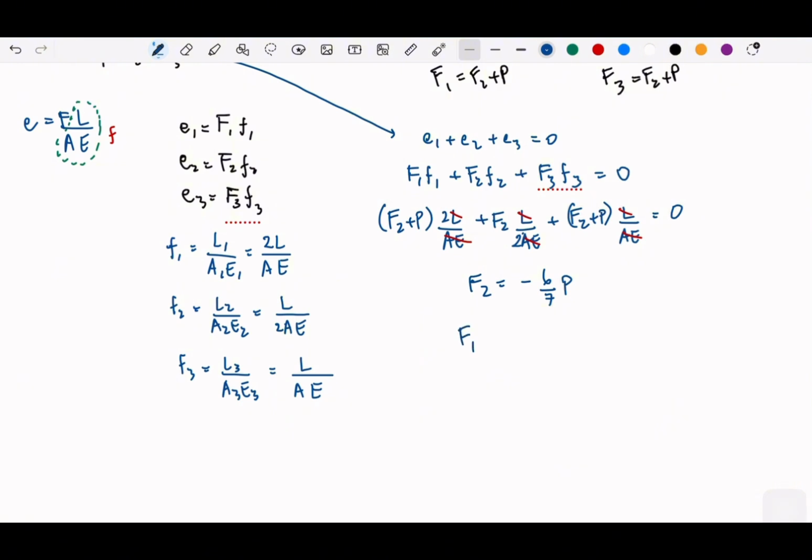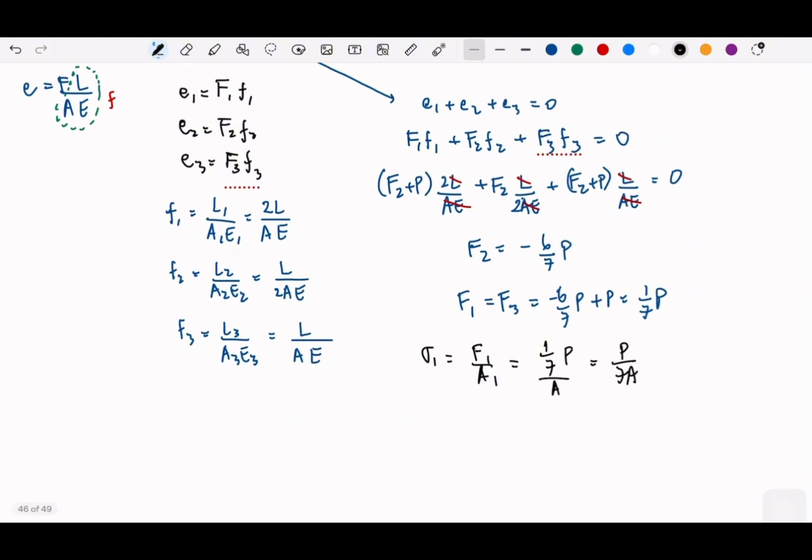The F1 is equal to F3, which is equal to negative 6/7 P plus P. So this will be 1/7 P. Okay, so we have F1, F2, F3 already. Then we can have the sigma. So sigma 1 is 1/7 P over A. A1 is A, so this will be P over 7A.